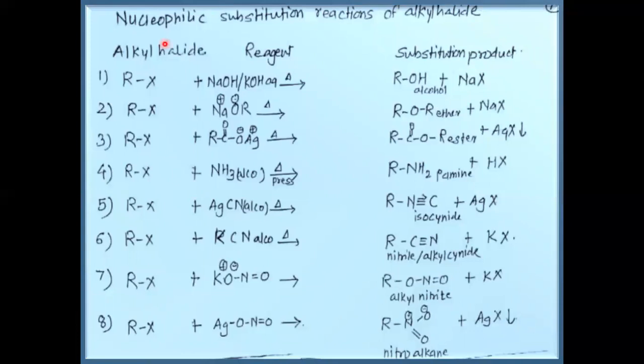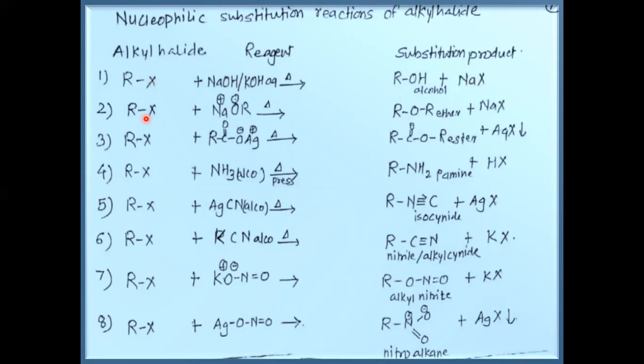Now see the table for nucleophilic substitution reactions of alkyl halides. Here, alkyl halides in the first column, reagent in the second column, and in the third column the substitution products are given. Alkyl halide plus aqueous NaOH or KOH: halogen X is substituted by OH and the corresponding alcohol forms.